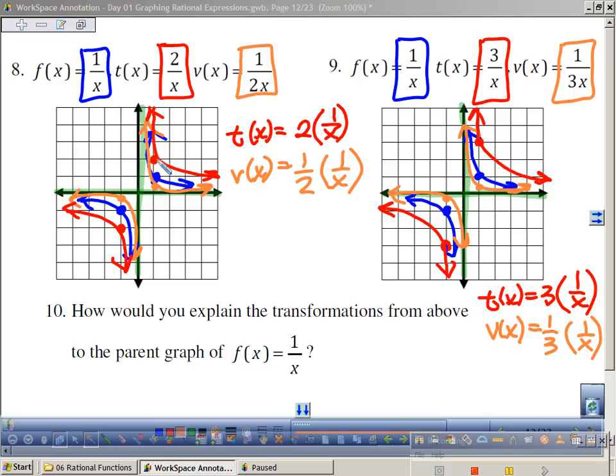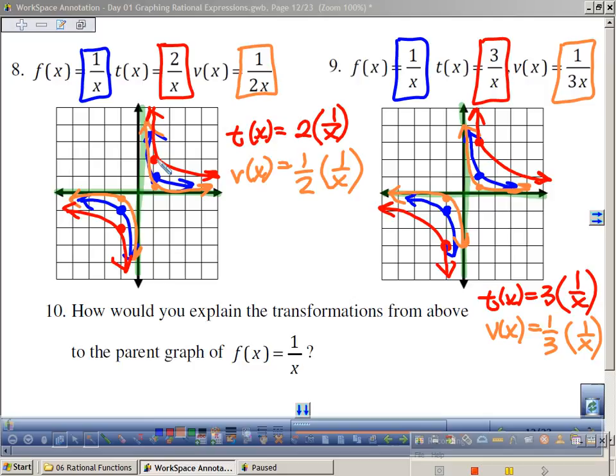Kristen, what would you plug in? Numbers. What numbers would you plug in? You would plug in the reference point.